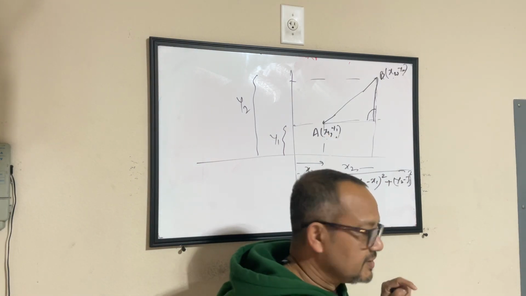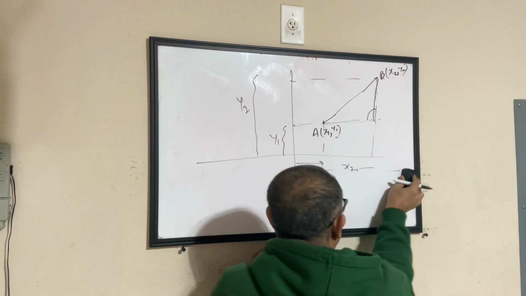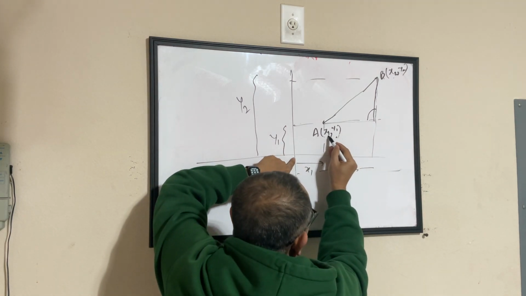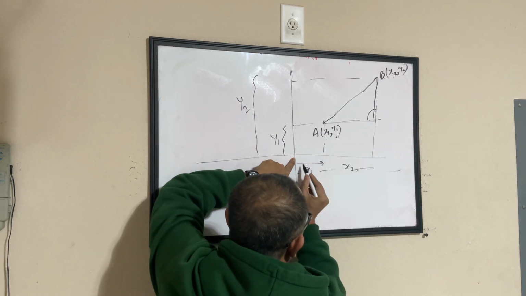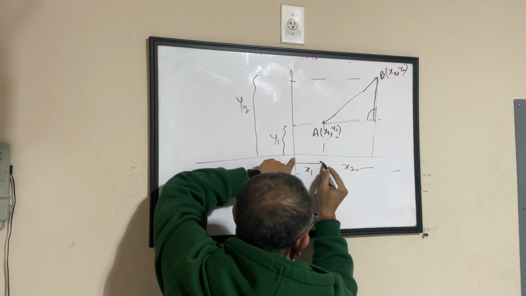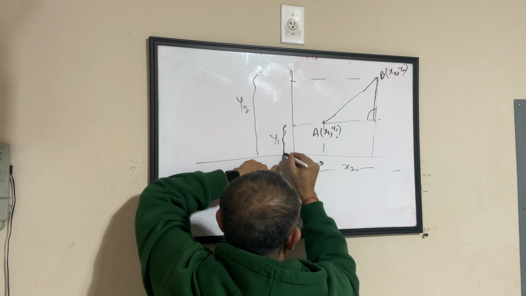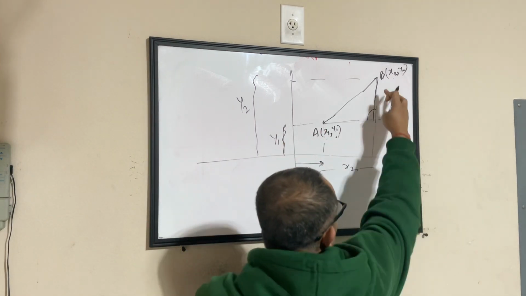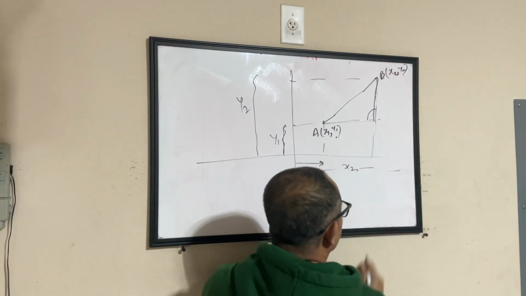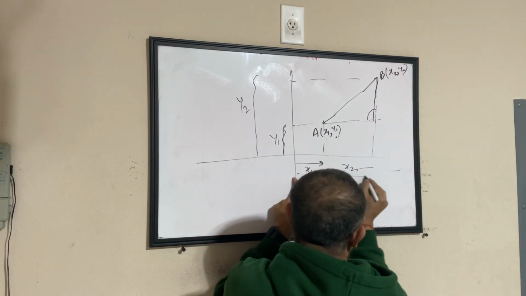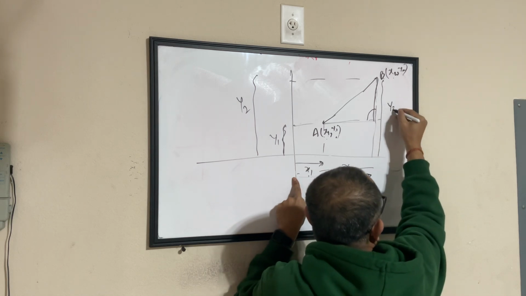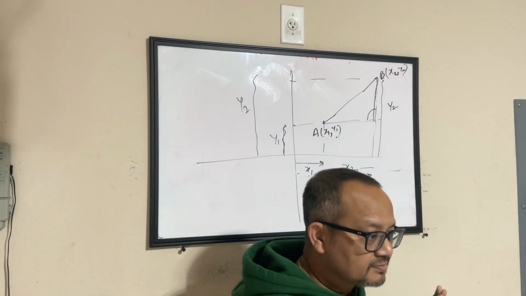So if this has x coordinate x1 and y coordinate y1, it means along the x-axis the distance is x1 and along the y-axis the distance is y1. Everybody with me? Similarly, this has x2, y2 as coordinates, meaning the distance along the x-axis is x2 and the distance along the y-axis is y2. Up to this much is clear?